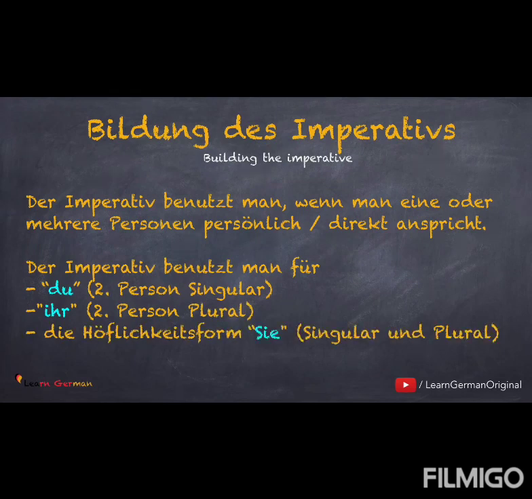Since this form is used only for the second person, we have to remember that imperativ benutzt man nur für du, the plural form of du, that is ihr, and for sie in both singular and plural form.